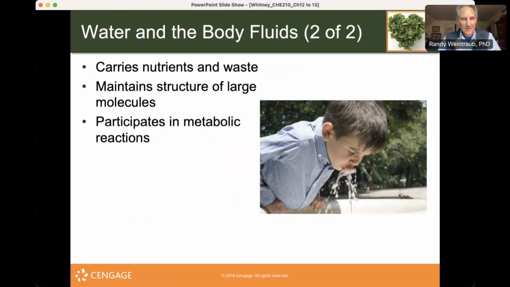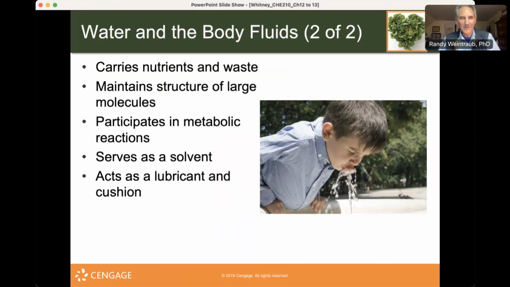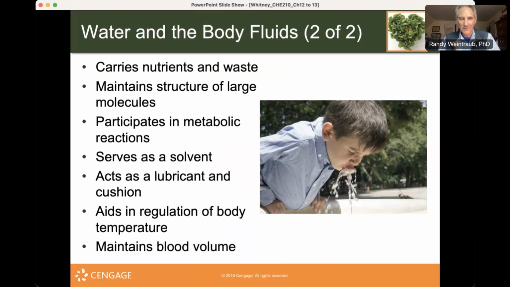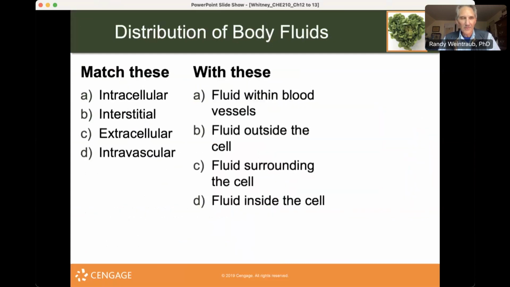They participate in metabolic reactions, serving as the major solvent, or where reactions take place, in all our metabolic processes. They act as a cushion and as a lubricant. They aid in temperature regulation, along with our adipose and to some extent our lean tissue as well. And they maintain, very importantly, the body's blood volume.